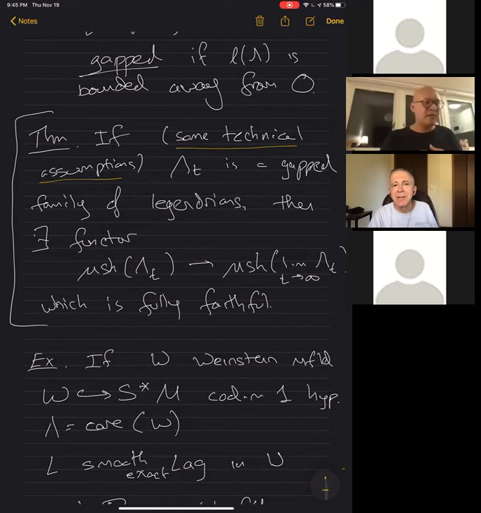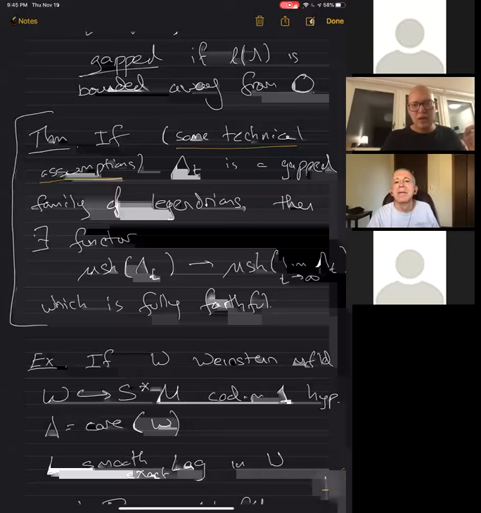But I could take microsheaves on the skeleton, whatever it is. Okay, yeah, all right. So you don't assume that it's a singular Lagrangian and can be anything. In order to define it, it can be anything. But in proving the various theorems, the fact that it's Lagrangian or close to Lagrangian is used.